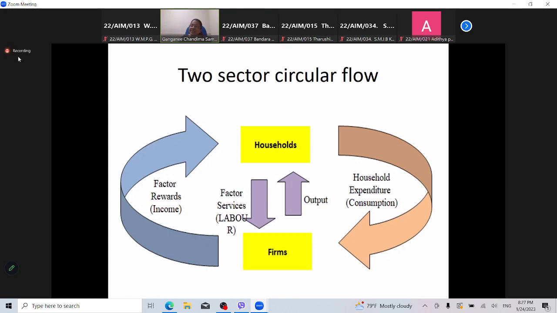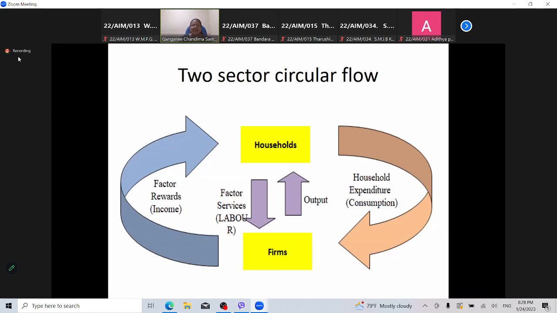And your medicine, health service. So these are all services. For these services also, households should pay money. So as output, firms give goods as well as services to the households. Then in return for this output, goods or services, households will pay money to the firms. These are day-to-day works. Hope you can understand.